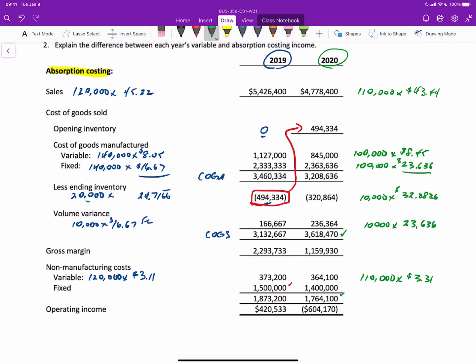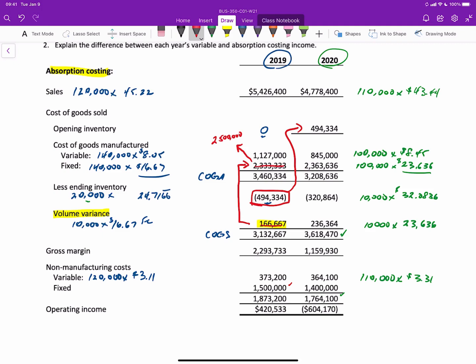But before we go ahead and do it using variable costing, there is one thing I want to point out because it could be confusing to students, which is the treatment of this volume variance. We actually didn't have to do it this way. If we look at 2019, this 166.67, we could have actually just included that volume variance as part of the total fixed costs, and that would just be the 2,500,000, and ignore the 2,333,000.